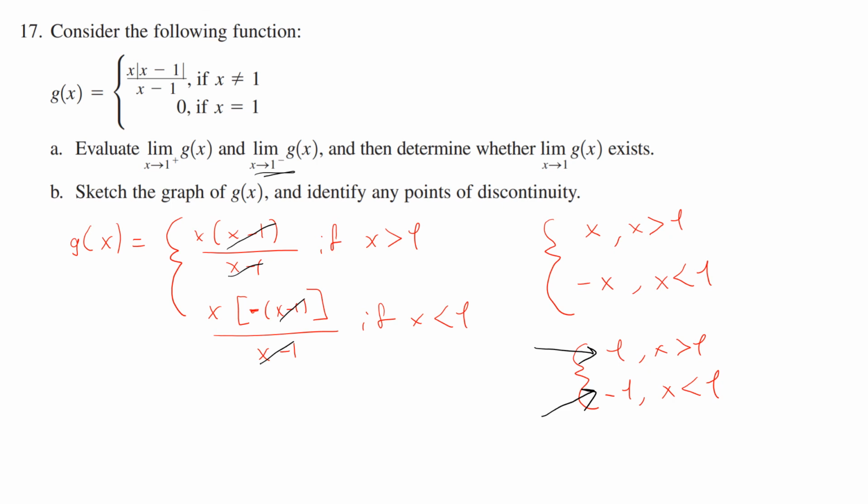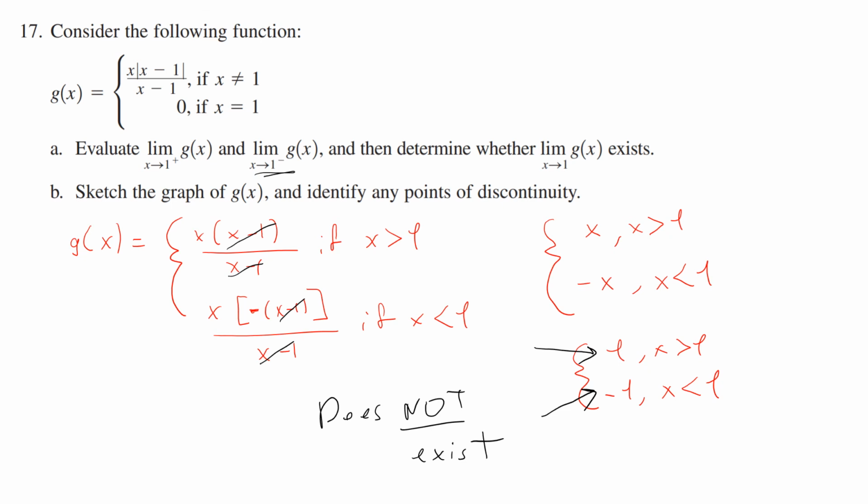One of them is positive 1, one of them is negative 1. Therefore, I can say that the two-sided limit does not exist.